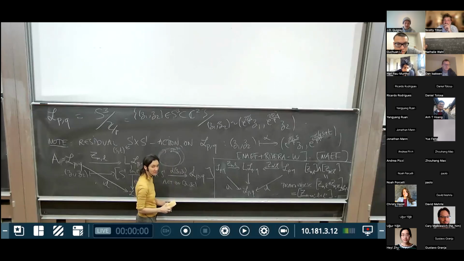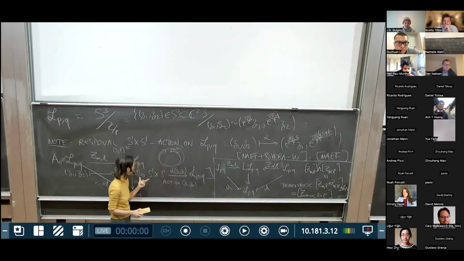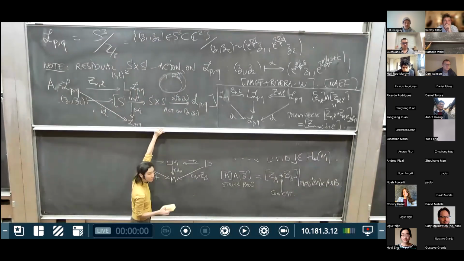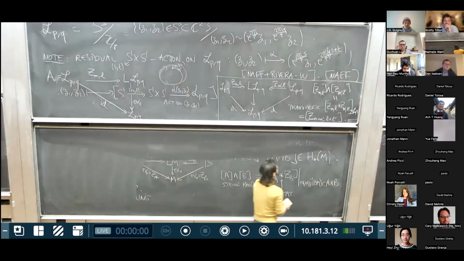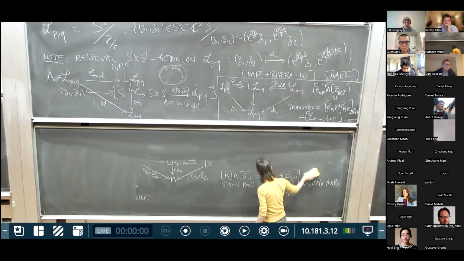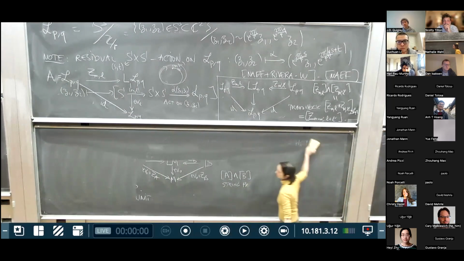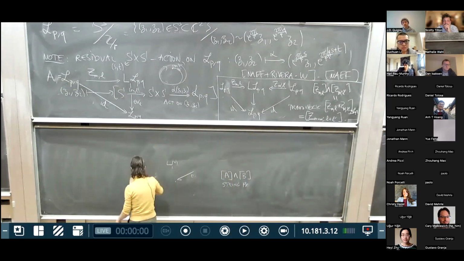You shoot off at every point in a particular direction using this S1 cross S1 action. What is particularly nice is that it's parameterized by a manifold, and so you can try to do concrete geometric computations as we have just done.